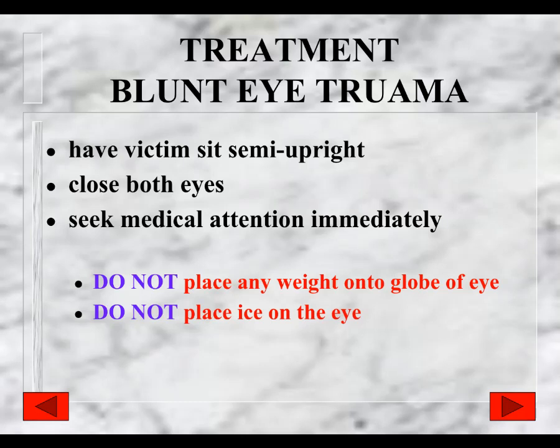We want them to relax, keep both eyes closed, and not move their eyes around in their head. And we want them to get medical attention quickly. We don't want to add any pressure, so we don't add any kind of weight to the eye. We don't put pressure on the eye, and we don't put ice on the eye just because of the added weight. It can cause increased issues.